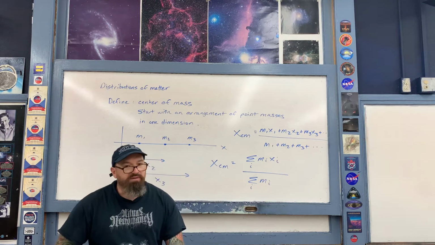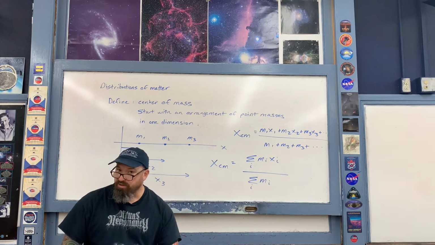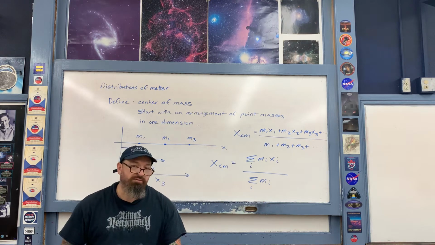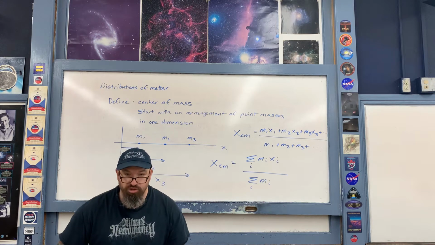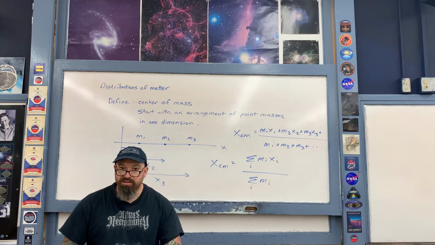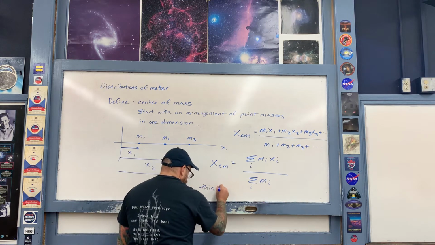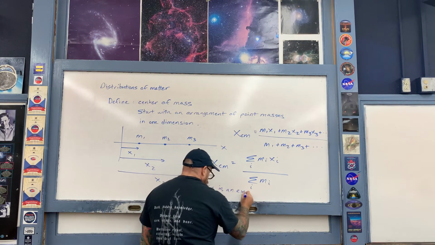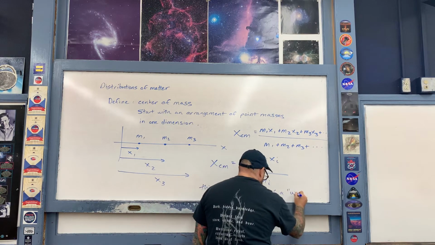Now, for those of you that have a little bit of experience in statistics, for example, those of you that may be enrolled in AP Stats, you may actually recognize that the position of the center of mass is a specific type of average. It is what is referred to as a weighted mean. So this is an example of a weighted mean.